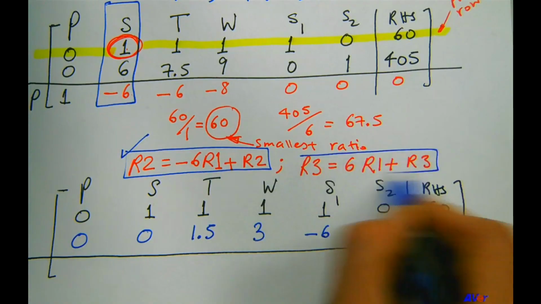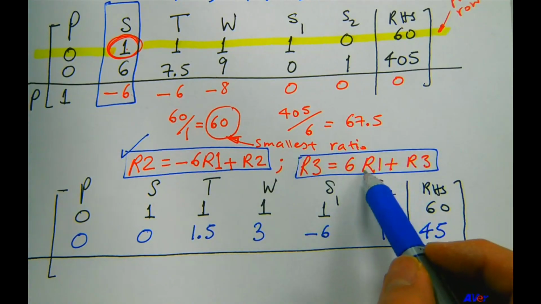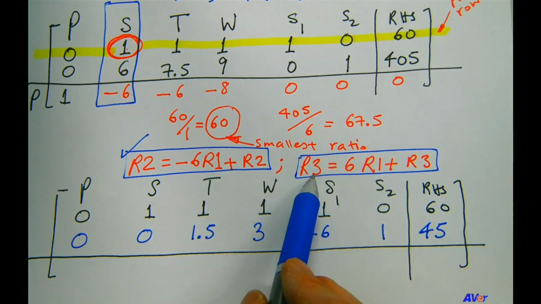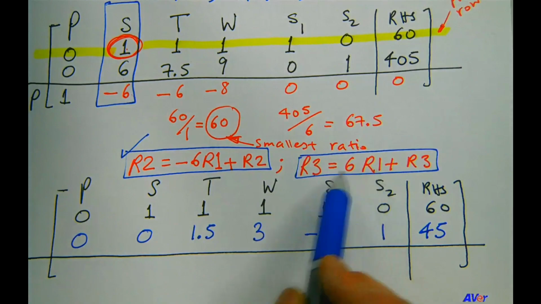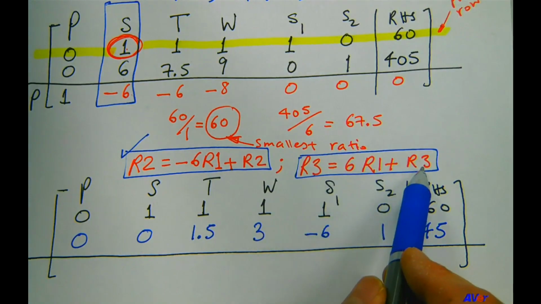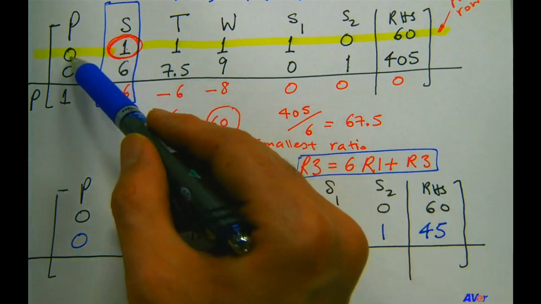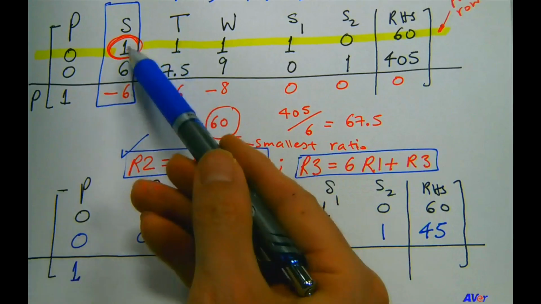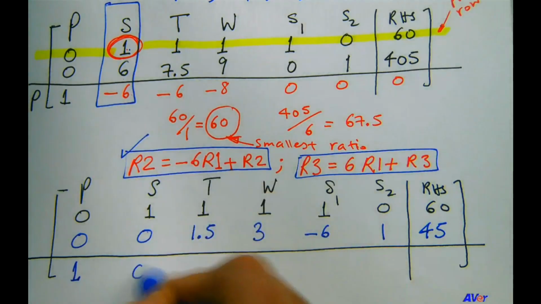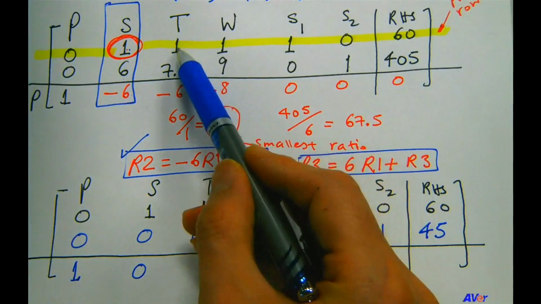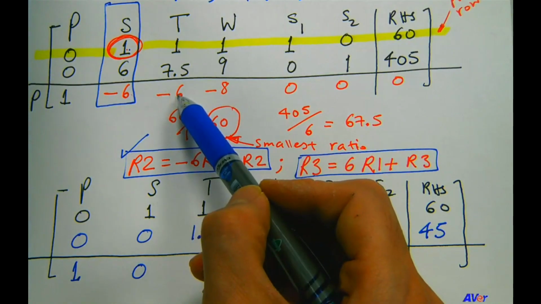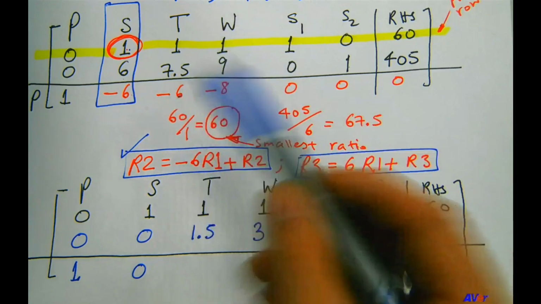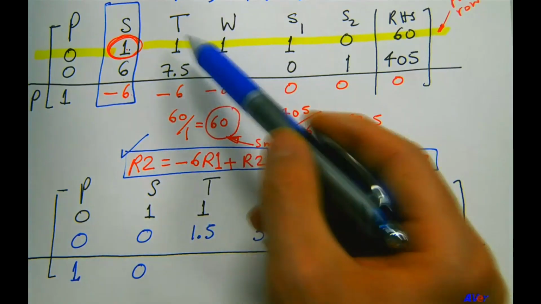Now let's focus on this row operation. This is saying replace row 3 by multiplying the first row by 6 and adding it to row 3. So 6 times 0 is 0, plus 1, 1. 6 times 1 is 6, plus -6, that's 0. 6 times 1 is 6, plus -6, let me double check this.